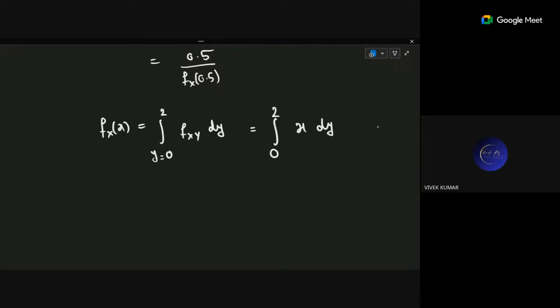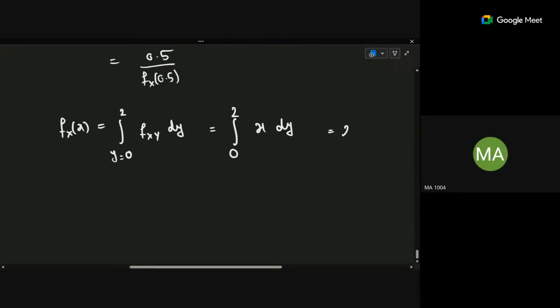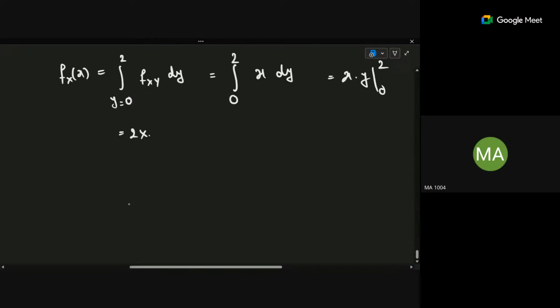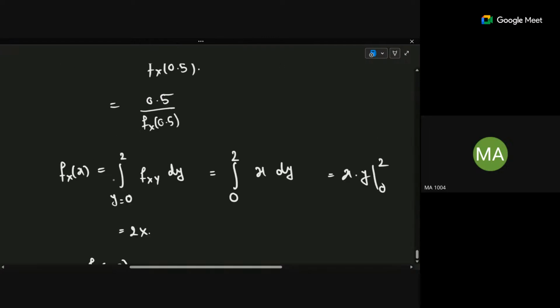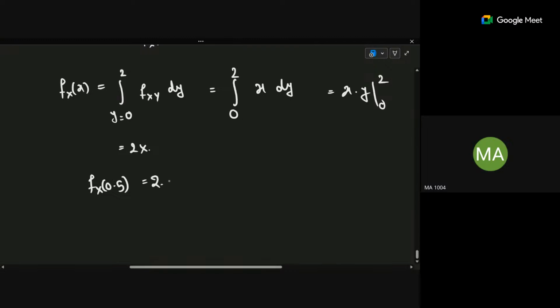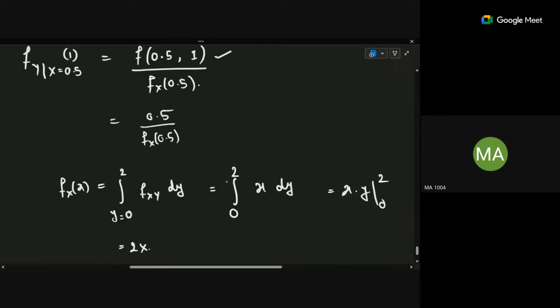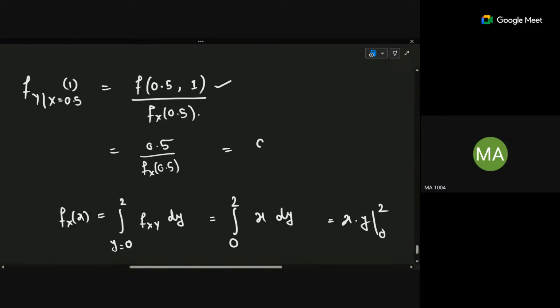So it is x into y from 0 to 2. That is nothing but twice x. So fx of 0.5 we needed, right? That is 2 into 0.5, which is equal to 1. Fine. So this conditional probability is 0.5.